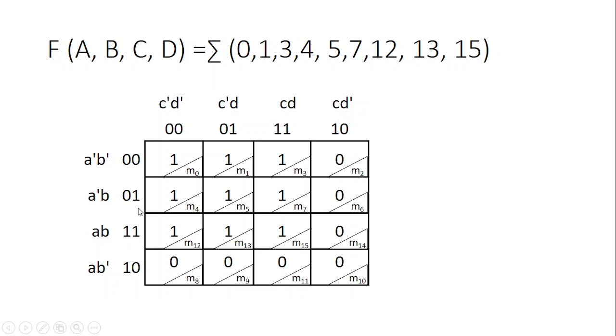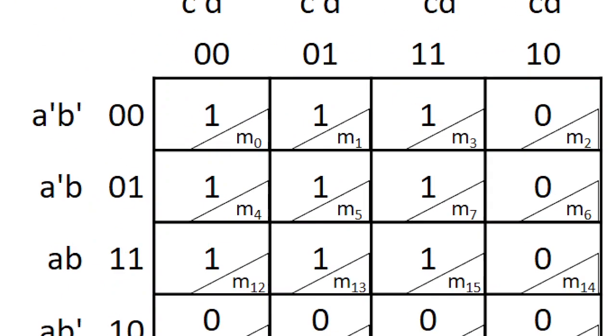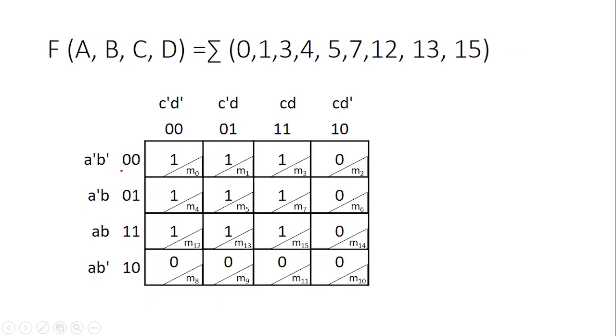Also along the bottom direction, that is along the horizontal direction, you will notice that all the values are written in such a way that along the adjacent positions only one bit is changing. Now if you look at this particular box over here, this is the combination of AB and CD.